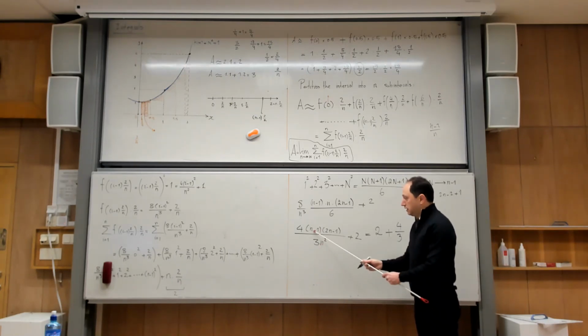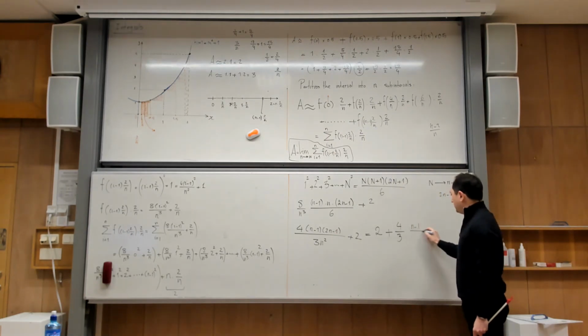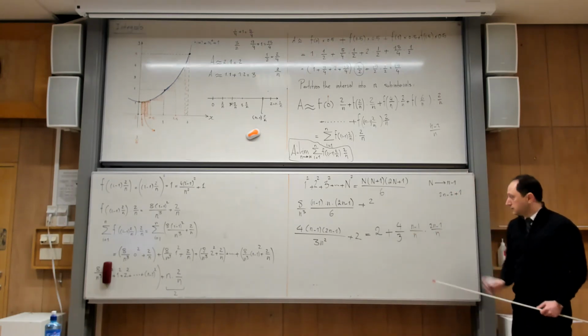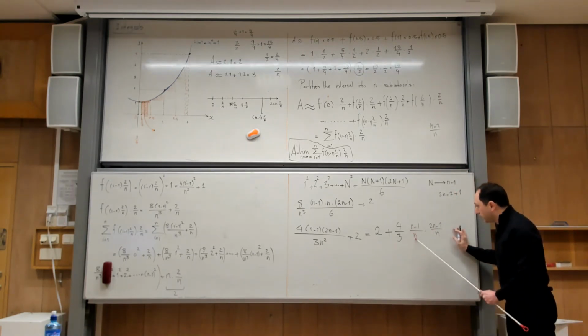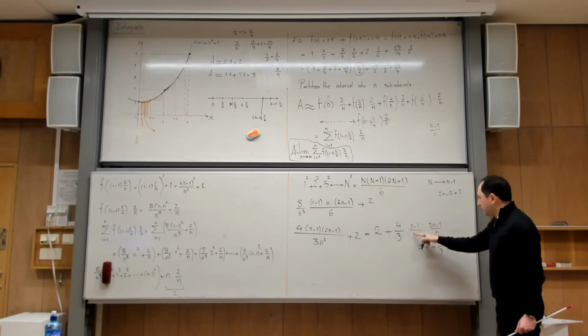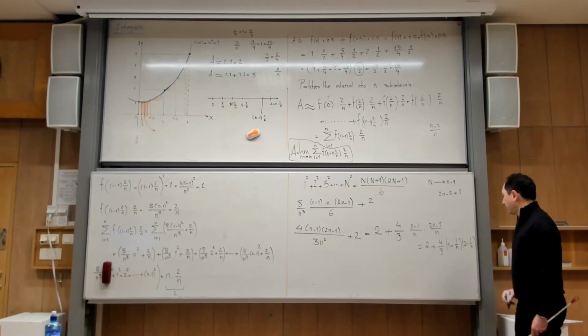Give one n here, give another n here. So this becomes n over n, n minus 1 over n, multiplied by 2n minus 1 over n. Agree that I can write it like that. And then I divide this n by n, this by that, so it becomes equal to 4 over 3 times (1 minus 1 over n) times (2 minus 1 over n). Okay?